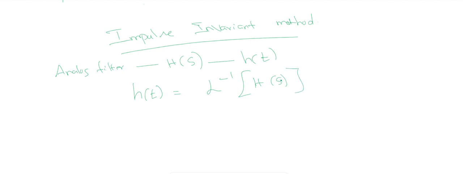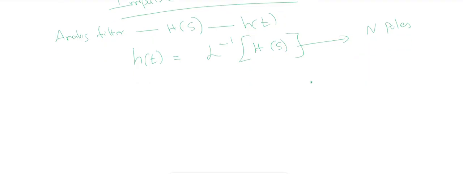In H of s, how many poles? Say n poles. In the transfer function, the pole parameters are n poles.